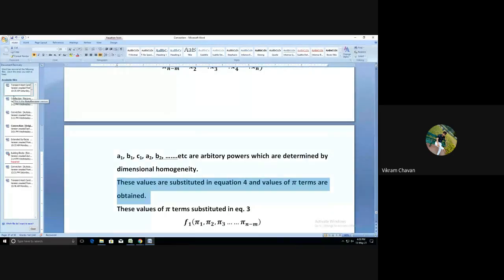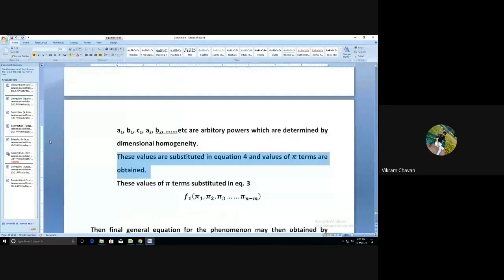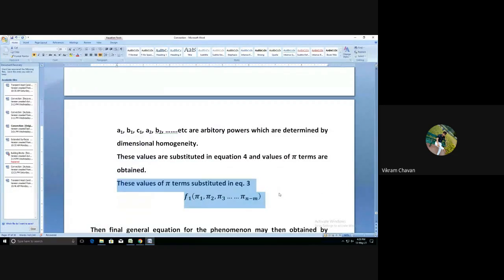These values of pi terms are substituted in equation 3. So equation 3 is the functional equation for the pi terms: function of pi 1, pi 2, pi 3 up to pi n minus m.